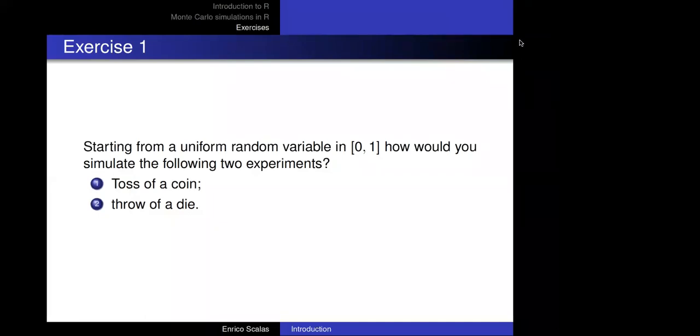So I've not presented a real exercise sheet, but at the end of each of the first 4 presentations, I am suggesting some exercises for you that you can try to work out in case you have spare time and you like programming.